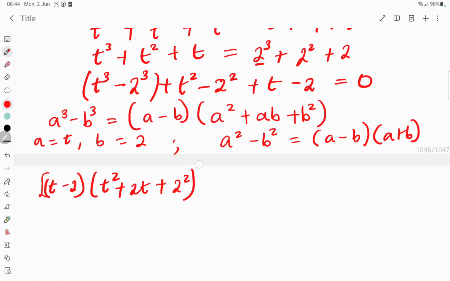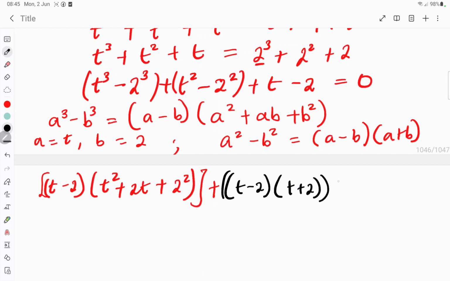Then we go to the next one, which is the middle term. We'll have t minus 2 into t plus 2. And that's plus the last term, which is t minus 2, and that's equal to 0.